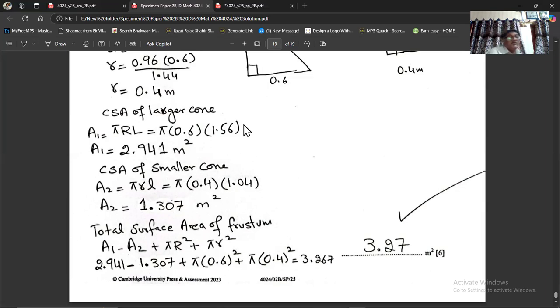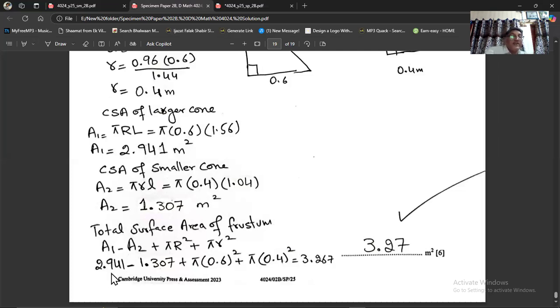1.307. Now the total surface area of the frustum will be the curved surface of the larger cone minus the curved surface of the smaller cone. The remaining will be the curved surface of the frustum plus the top of the frustum, which is a circle, and the bottom of the frustum, which is also a circle. So area 1 minus area 2 plus pi r squared plus pi r squared.